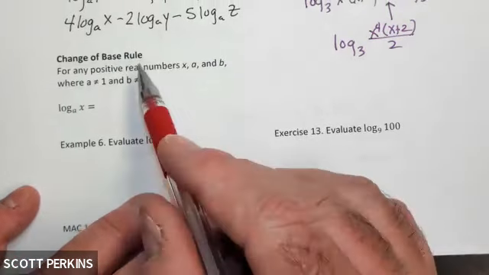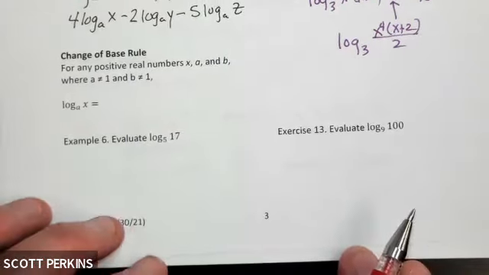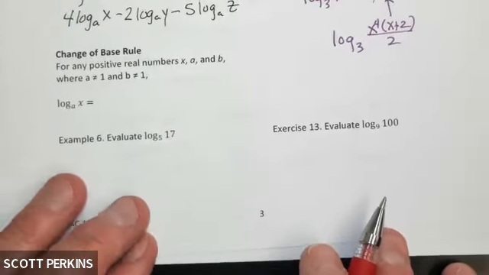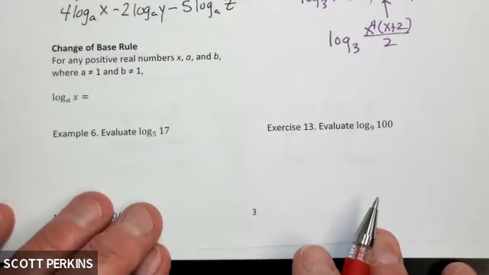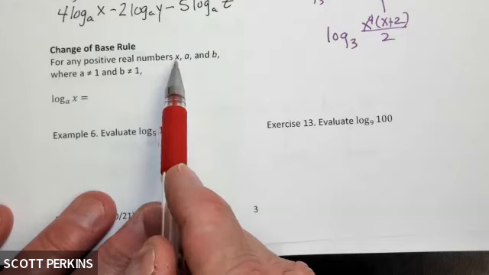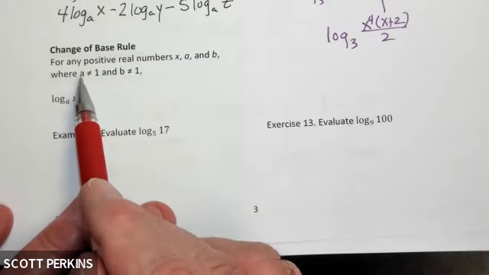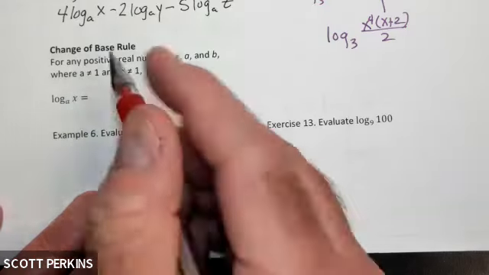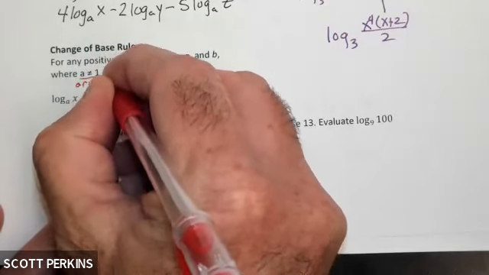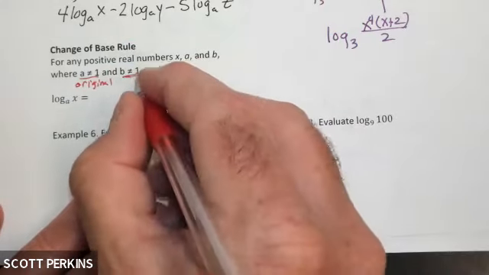So what there is, is what's called the change of base rule. The change of base rule says that if I need to change the base, I can create a ratio. For any positive real numbers x, a, and b, where a is not equal to 1, a is the base of the original log, so a is the original base, and b is our new base.